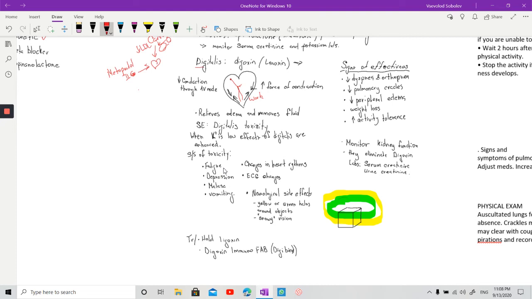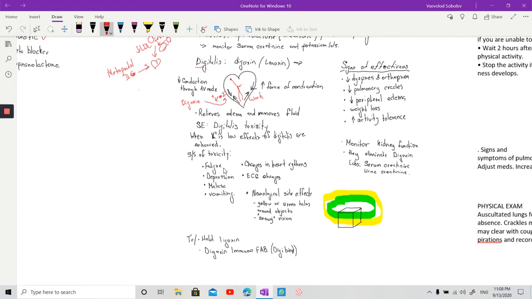When the body is low on potassium, the effects of digitalis are enhanced. The thing is, the heart has receptors, usually potassium binds to them, but digoxin also wants to bind to these receptors.